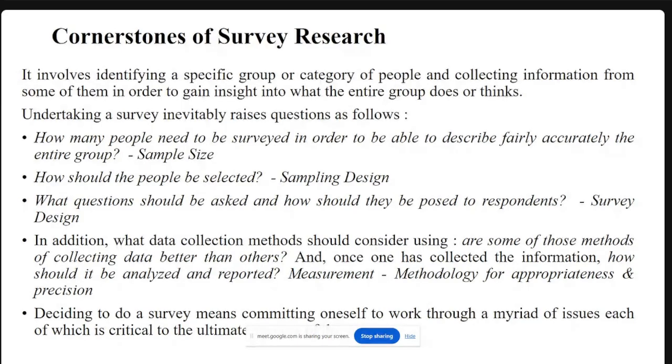Because at the end of the day, whatever you conclude from the data analysis based on the sample survey will be inaccurate. Okay, you won't be able to make the external validation. That means whatever you conclude about the population will not be correct. Okay, so the sample size is important.